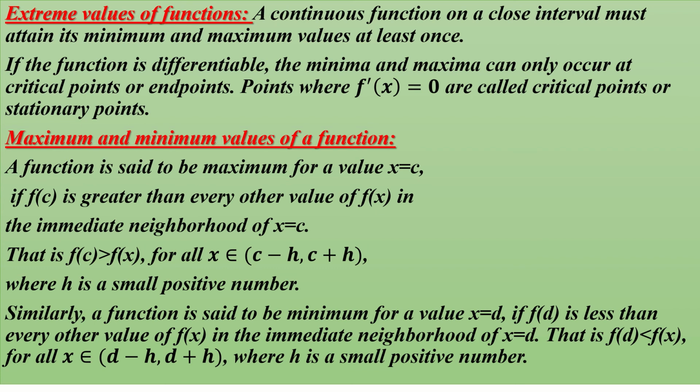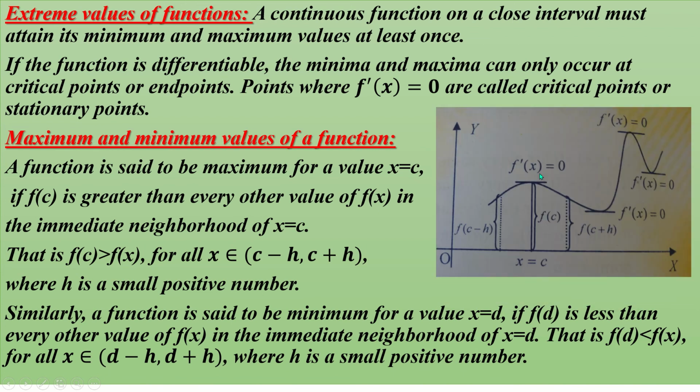Clear? So when we put a greater or smaller value than d, f of d is always less than f of x. That means when we put x equal to d minus h or d plus h, the value of this function will be minimum.